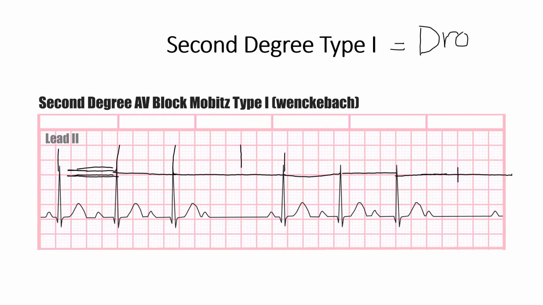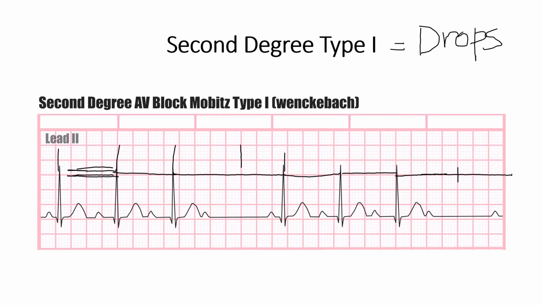Now, I want you, for your notes, to just accept that every second degree has drops. So if you find a rhythm and you do your R to R inspection and you find drops, I want you automatically to say to yourself, I'm in a second degree, because no other rhythm drops.